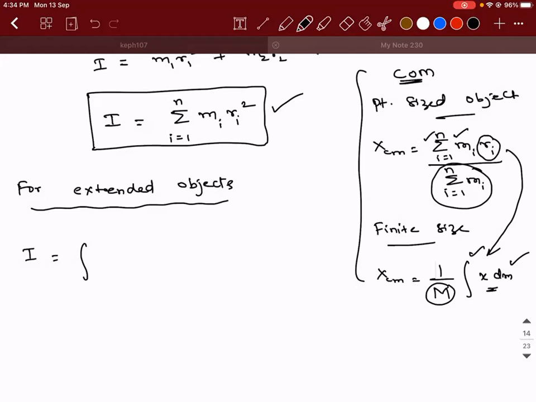In the place of mi, I replace it with dm. In the place of ri square, I replace it with r square. So to be more precise, integral of r square dm is going to be the moment of inertia of extended objects. Is that clear? You need to take proper limits into consideration, but I'll tell you how to do it. Don't worry about it.